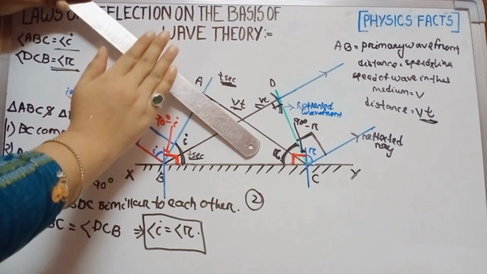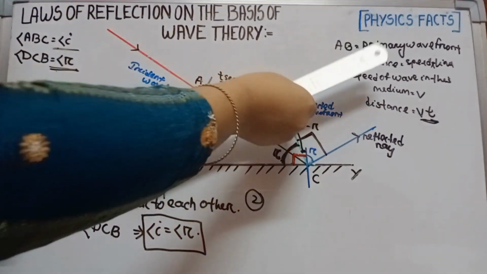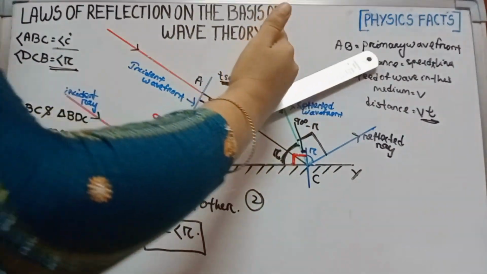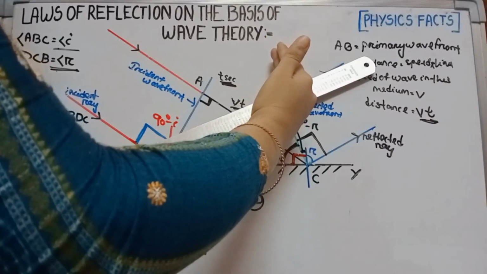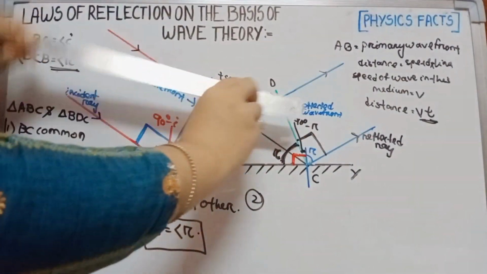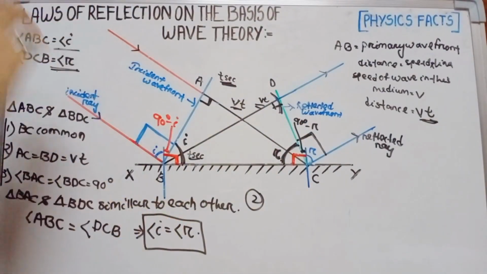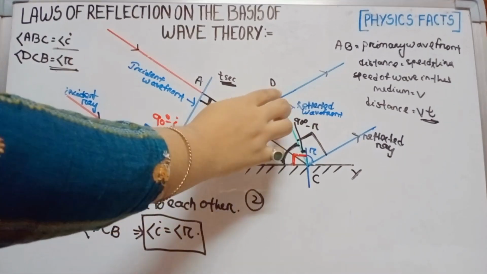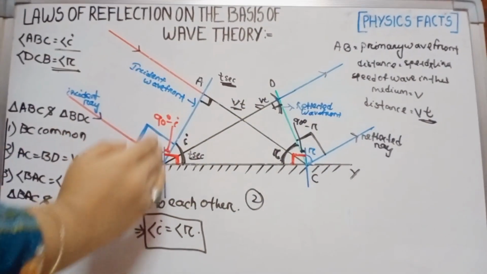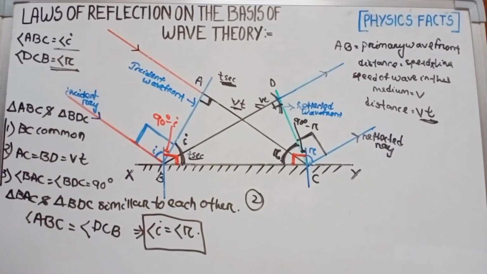That means this incident ray, and this reflected ray, and this one is the reflected wavefront. Yes, this incident ray, reflected ray and the normal all lie in the same plane.